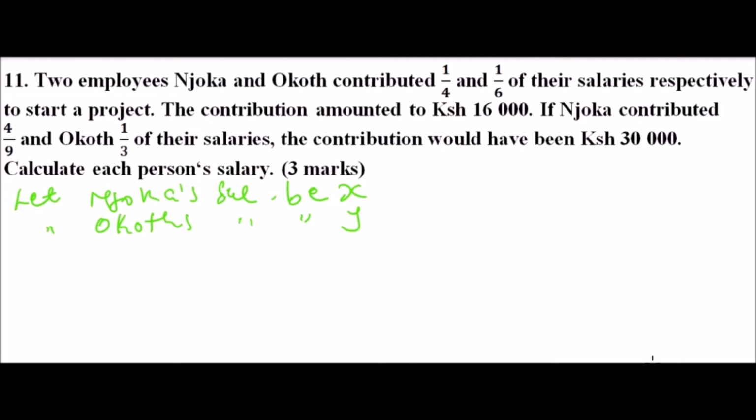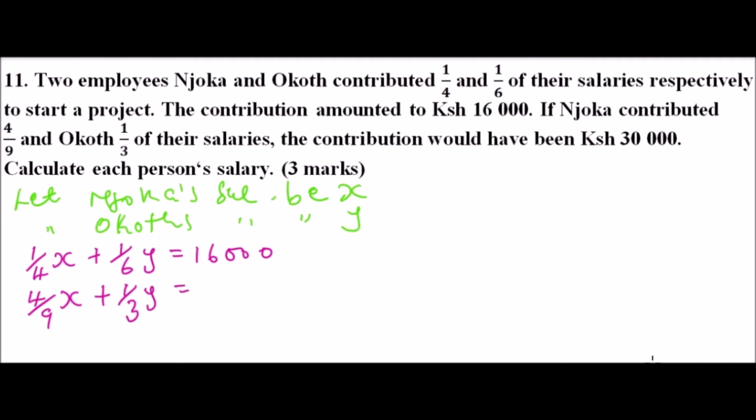We can write the first condition that Joker contributed a quarter, so it's a quarter X plus 1 over 6 Y, which added up to 16,000. If Joker had contributed 4 out of 9 of his salary, plus Okoth contributed a third of his salary, then the amount would have been 30,000.